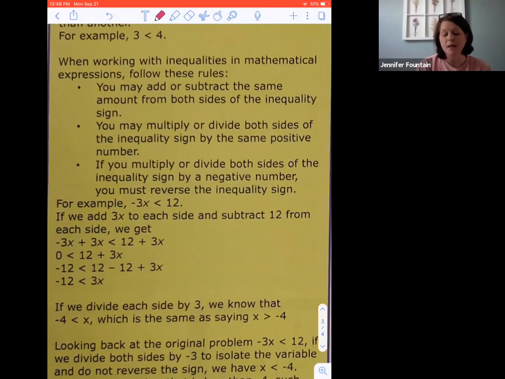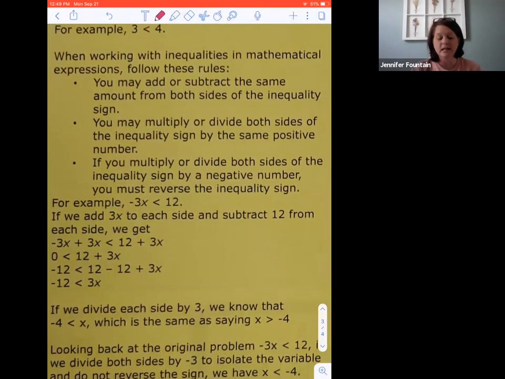The next one says you may multiply or divide both sides of the inequality by the same positive number. That's the big difference with multiplication and division: if I'm multiplying or dividing by a positive number, everything stays the same. But if you multiply or divide the inequality by a negative number, you must reverse the inequality sign.